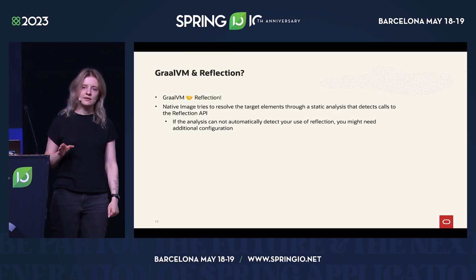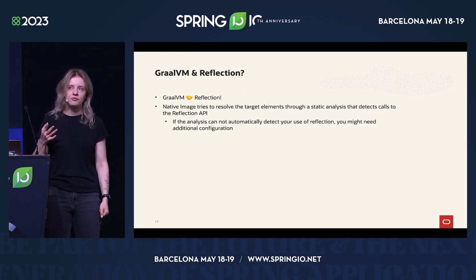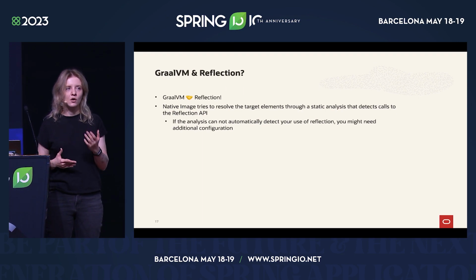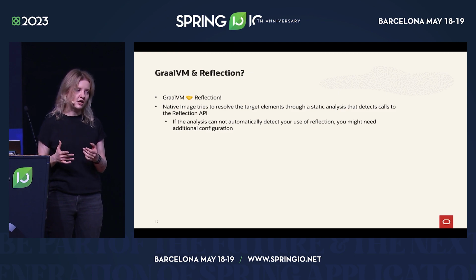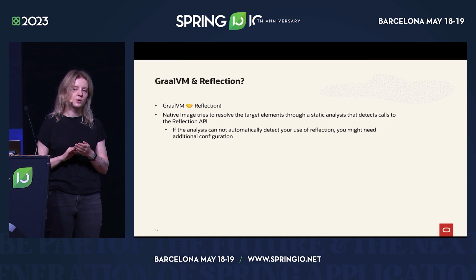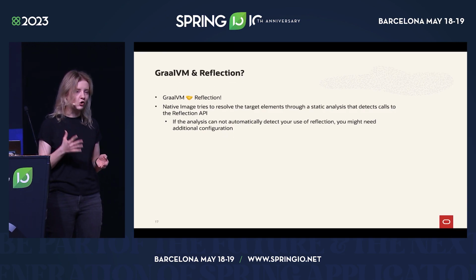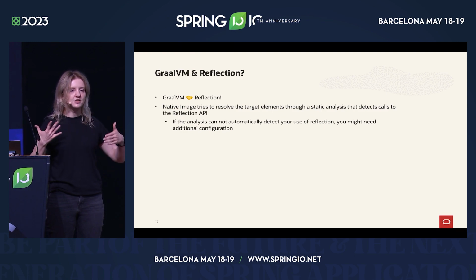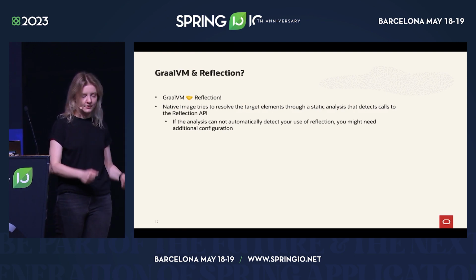One is that native image will try to figure out some of the more common reflection calls on its own. Even without any configuration, native image will look at your reflection API calls and try to resolve some reflection methods and calls automatically.